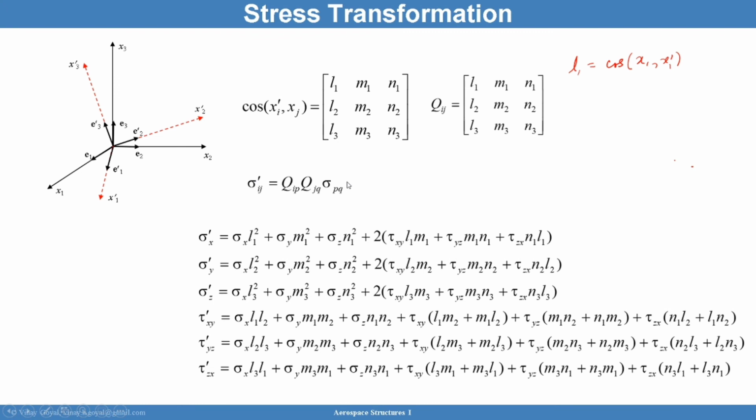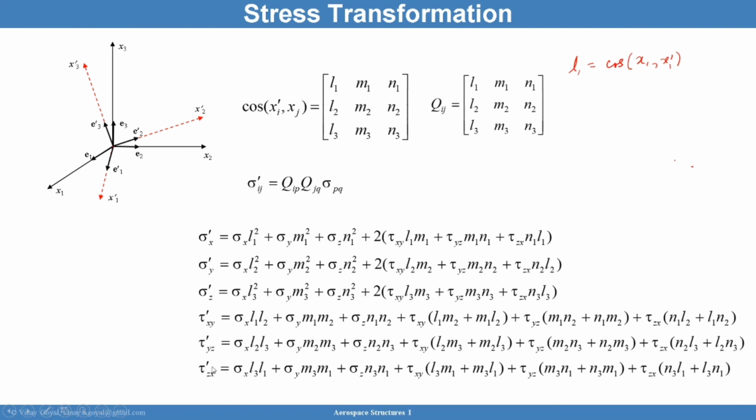So the stress in the x1, x2, and x3 system is going to be this stress here, stress PQ. This stress is known, fully known. The 9 components of stress for that are known. And you're going to then do this multiplication to get the stresses in the new coordinate system.